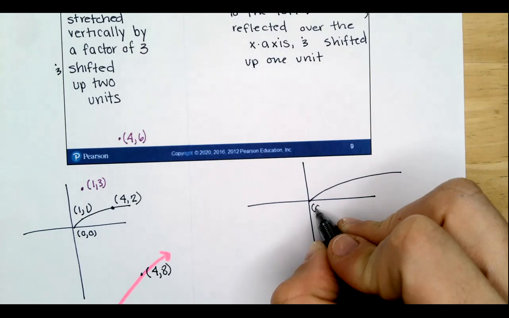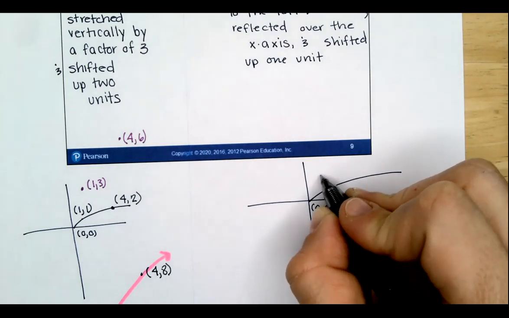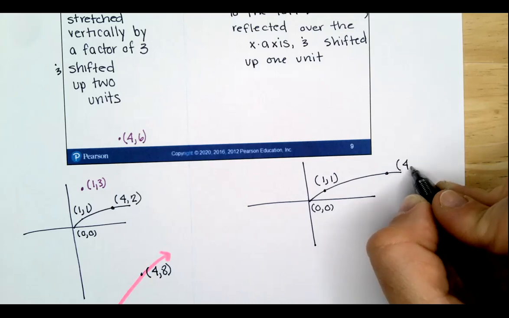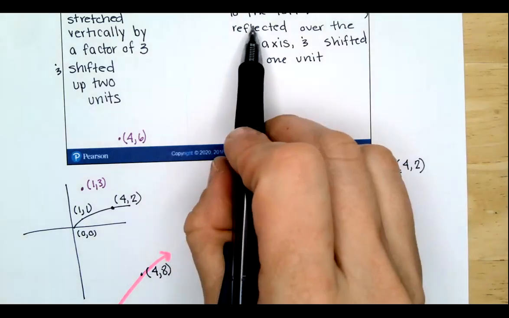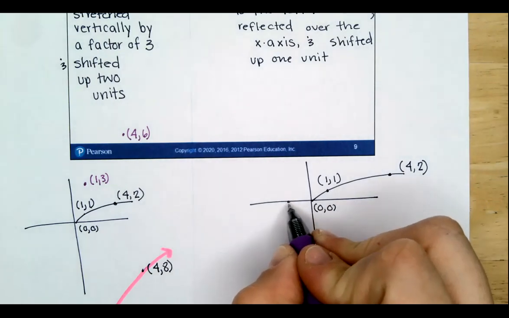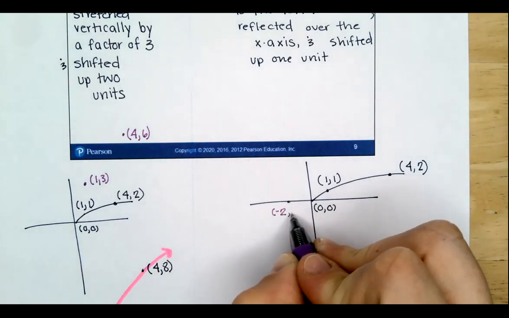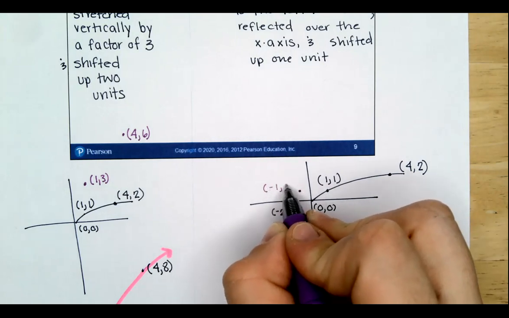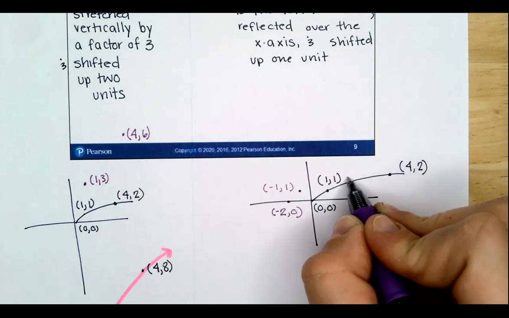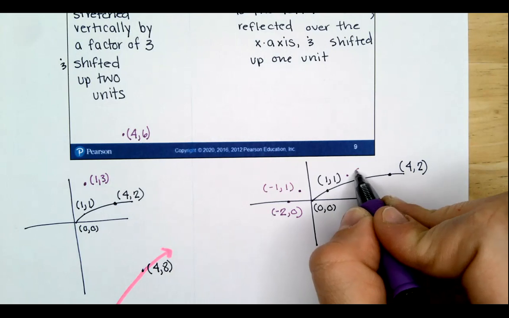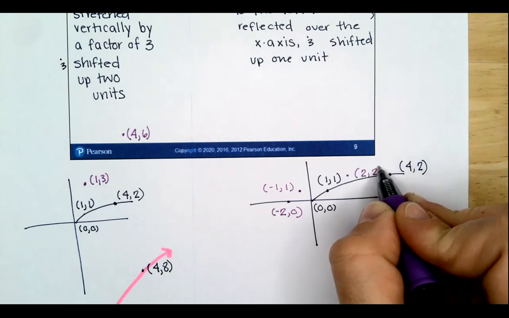Okay, so here's our original. So it was 0, 0, 1, 1, 4, 2. Shifted to the left 2 units. So that is now negative 2, 0, negative 1, 1, 2, 2.